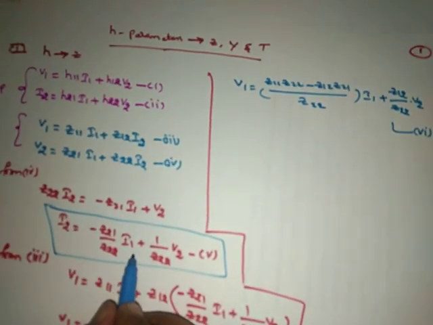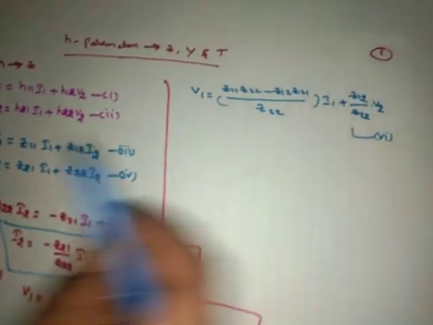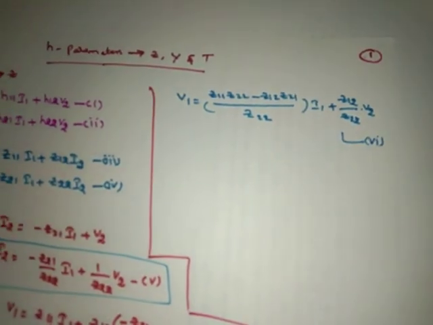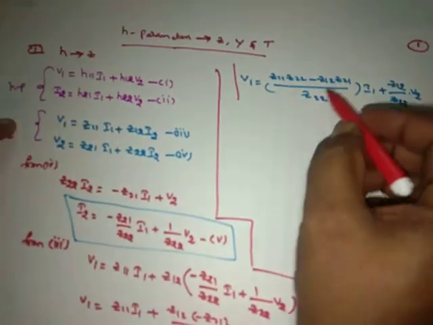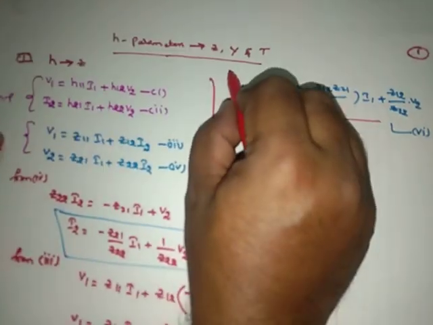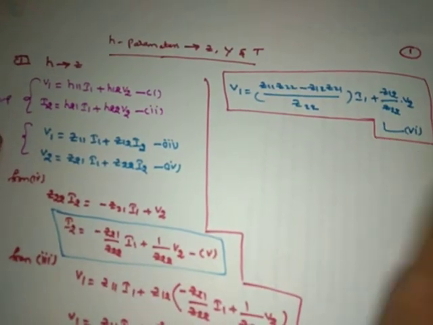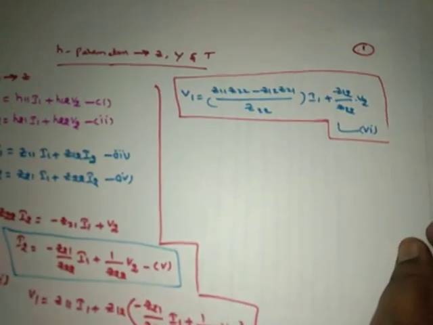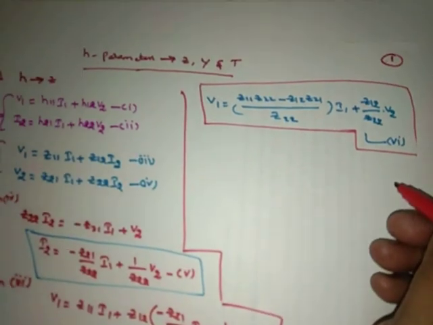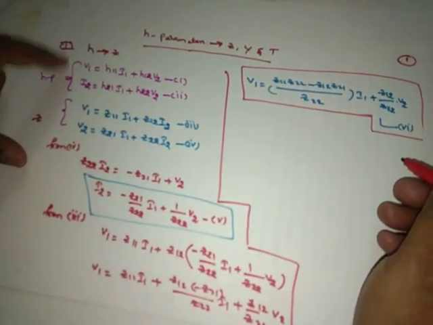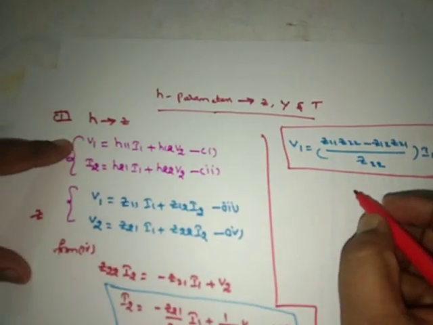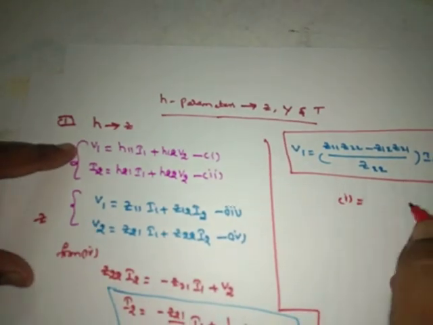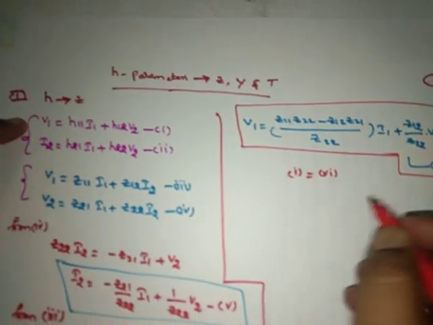I2 depends upon I1 and V2; this is the fifth expression. Here V1 depends upon I1 and V2; this is the sixth expression. Now compare: equation 1 is equal to 6.